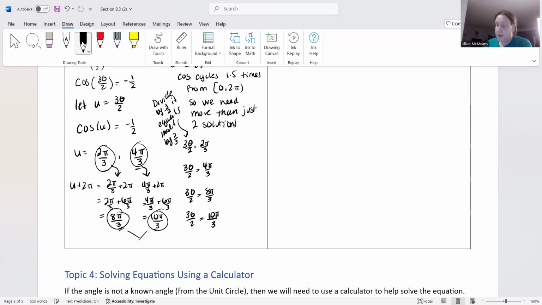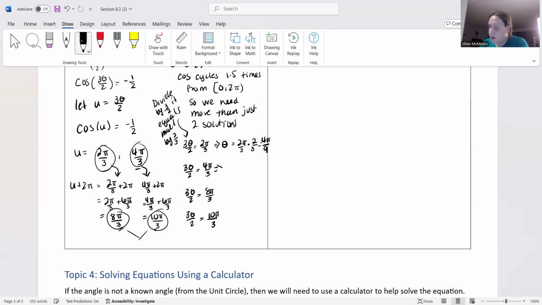Please make sure you understand that because we don't always have time to go through this. So we essentially divide both sides by 3 over 2. So I get theta, and that's going to equal 2 pi over 3, but I want to do the reciprocal of 3 over 2. So I'm going to multiply by 2 over 3, which gives me 4 pi over 9.